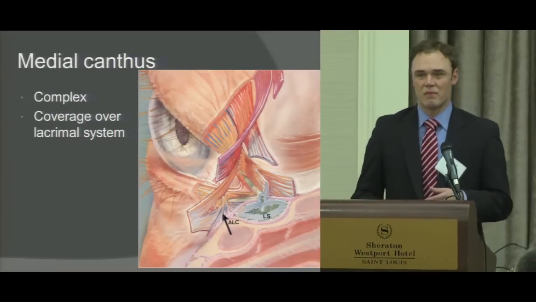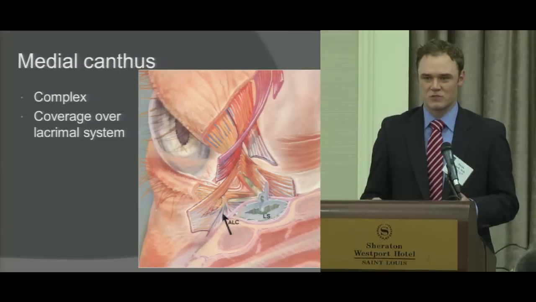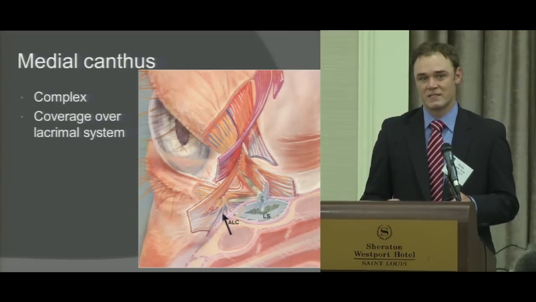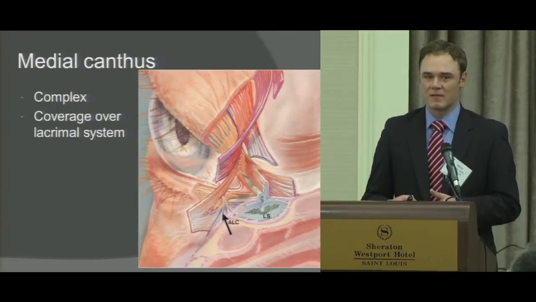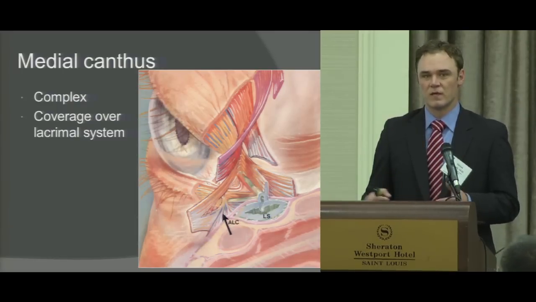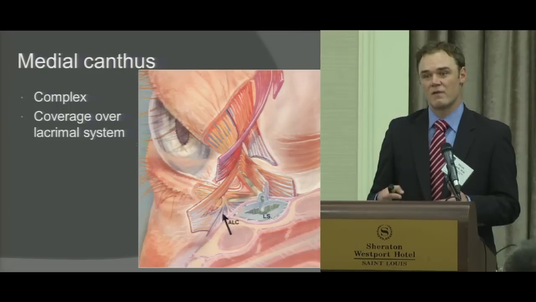The inside corner of the eye is probably one of the most complex structures in the entire face. That's why with any trauma in there, typically somebody like myself gets involved, because there's multiple layers of muscles and tendons that surround that tear system.